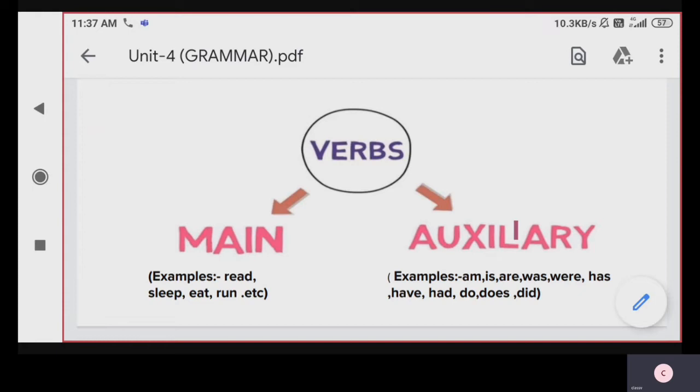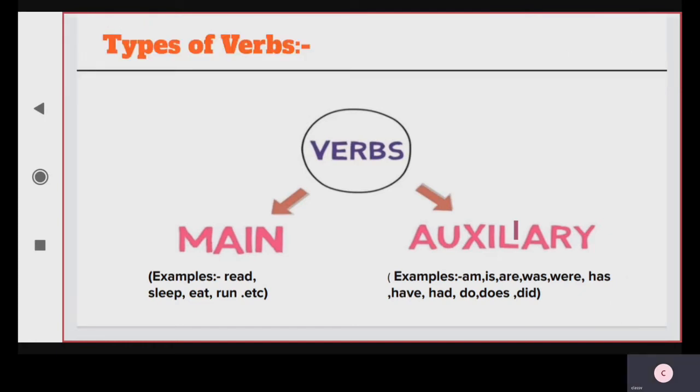Now let's look into auxiliary verbs. Auxiliary verbs are also called helping verbs. Auxiliary verbs help main verbs to describe action that happened in the past or is happening in the present or will happen in the future.